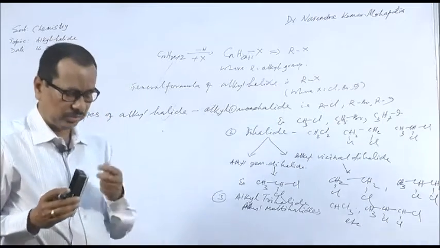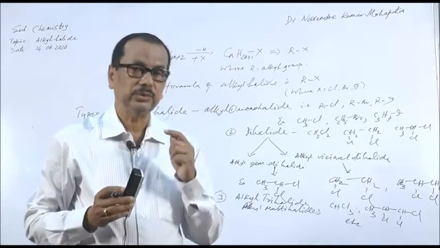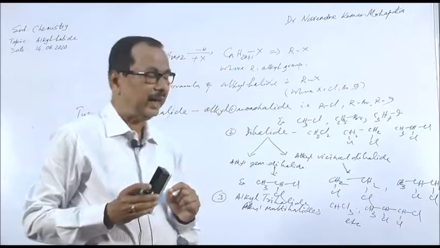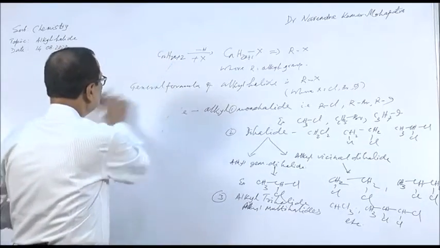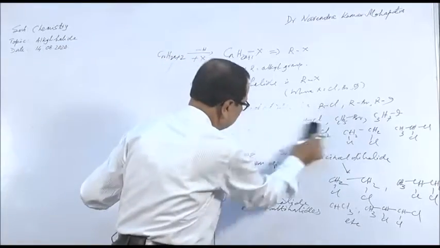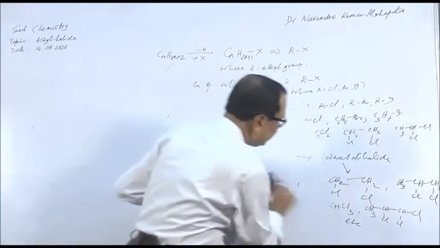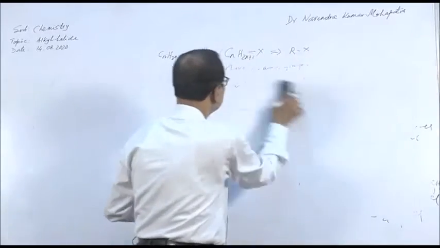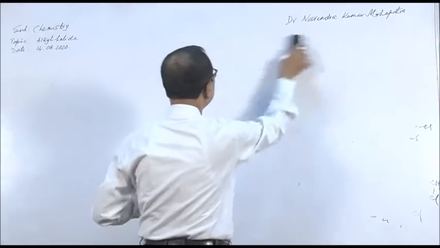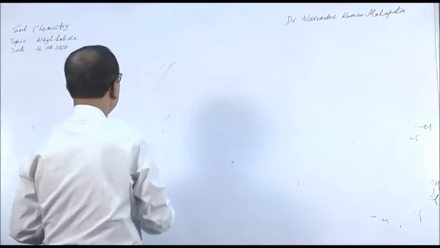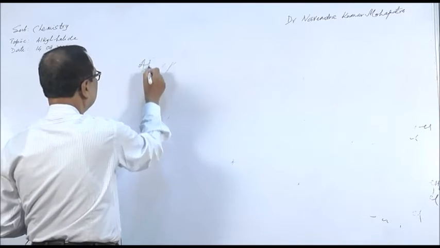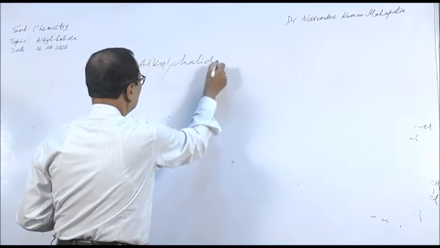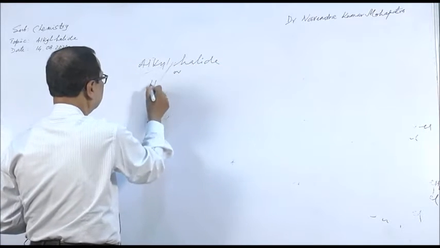Usually, dear students, when we say alkyl halide, it is alkyl monohalide. Our prime topic is alkyl monohalide, or haloalkanes, or alkyl halide or haloalkane.